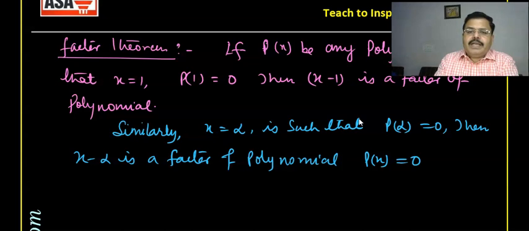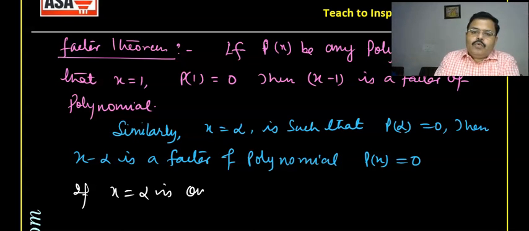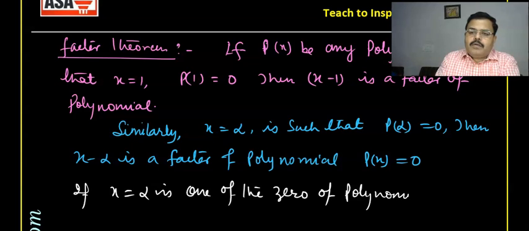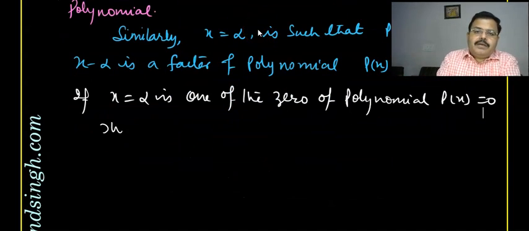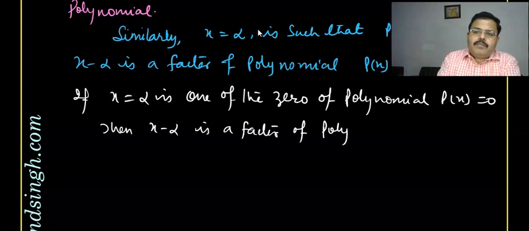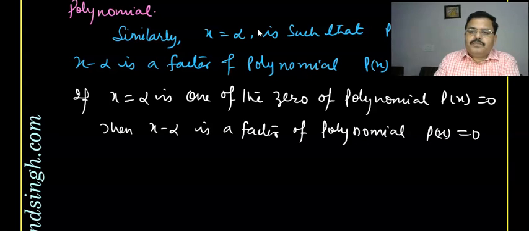It means that if alpha is one of the zeros of the polynomial p(x) equal to 0, then x minus alpha is a factor of the polynomial p(x), right?